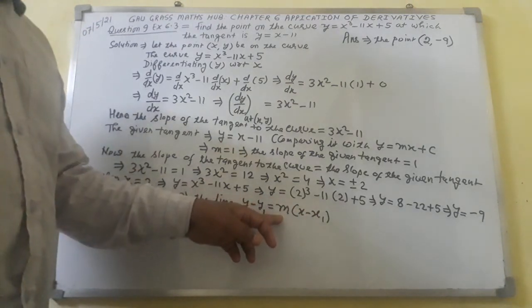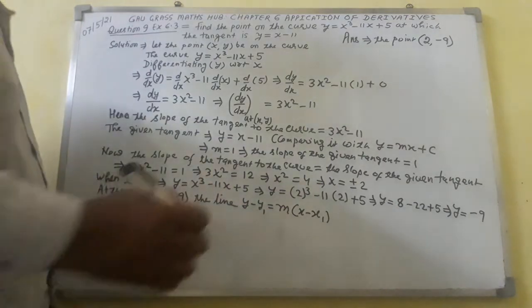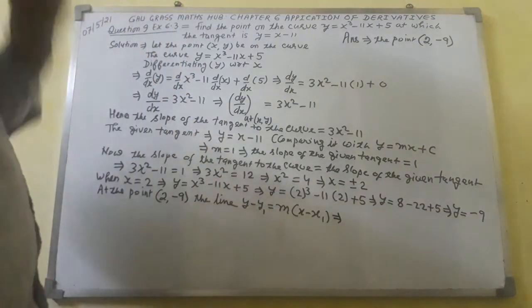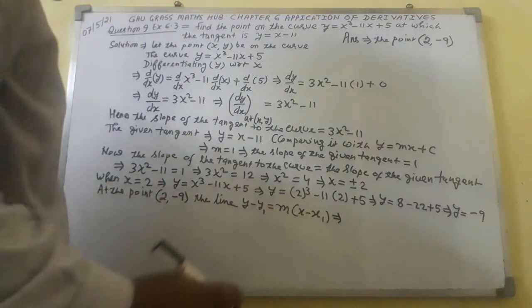This is the general equation of a line. So here I shall put y1 as minus 9.